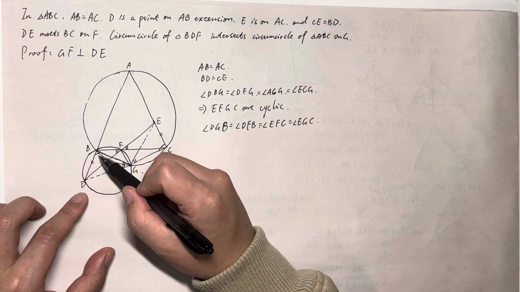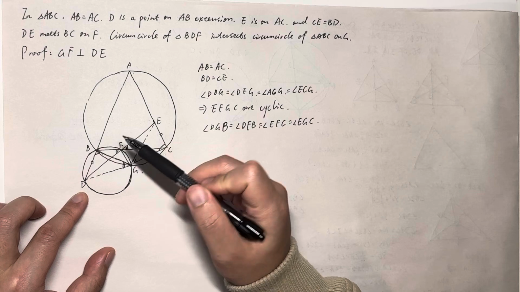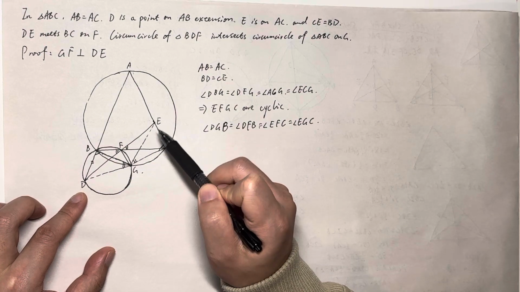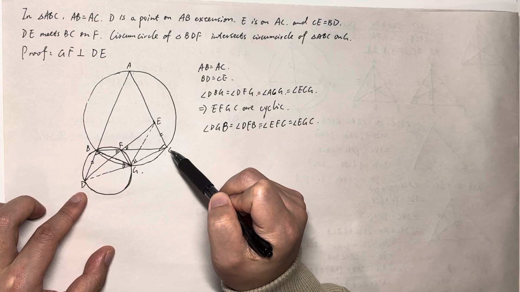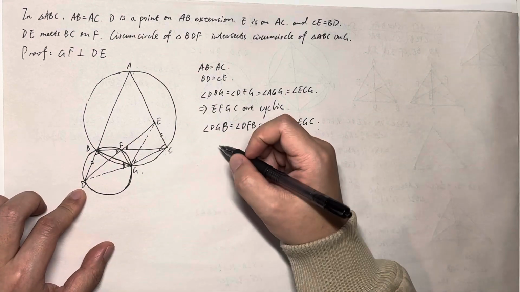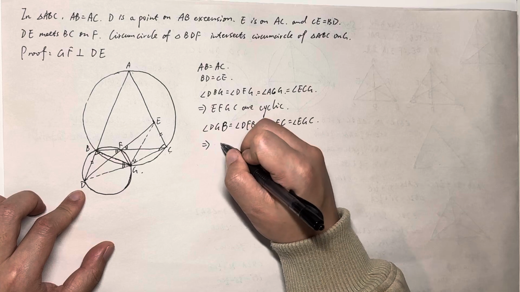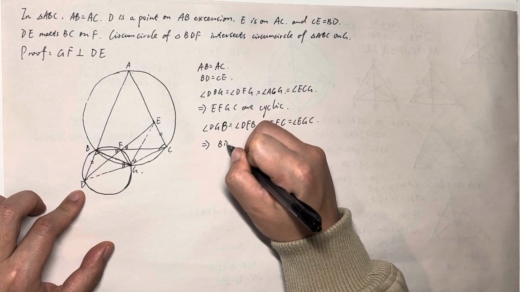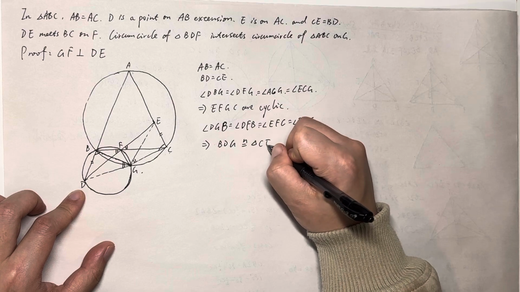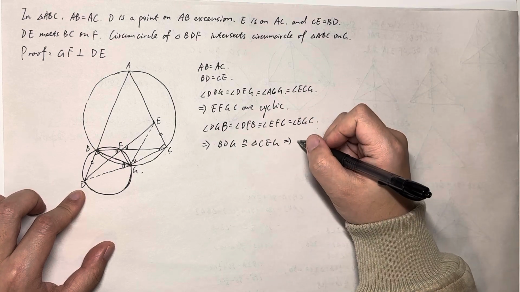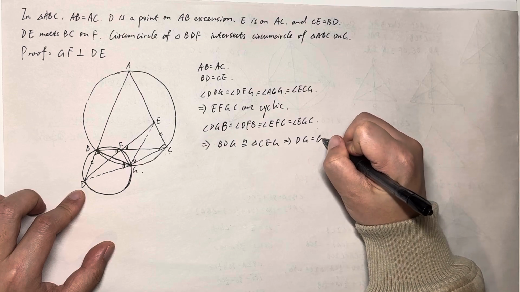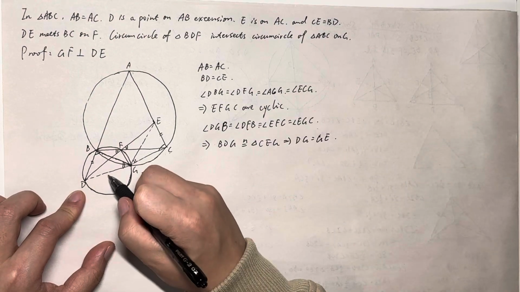So actually we can already prove that triangle BDG and triangle CEG are identical, and also we get DG equals GE, right?